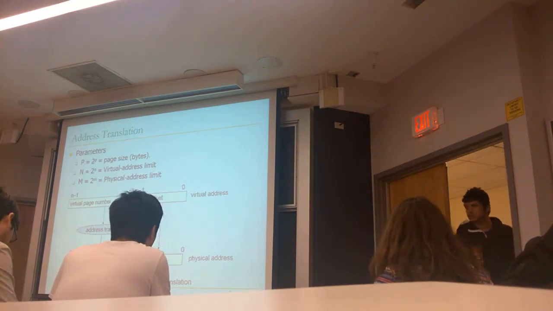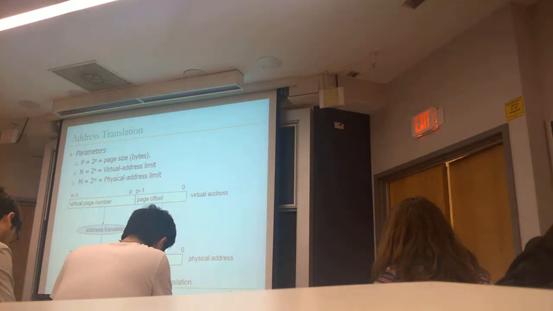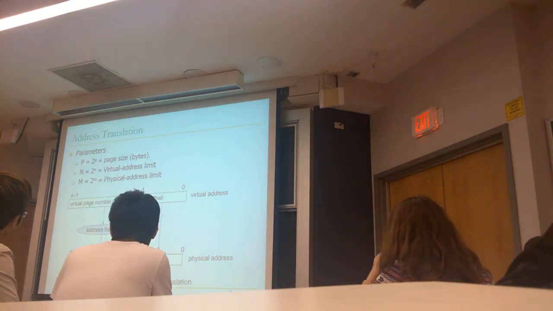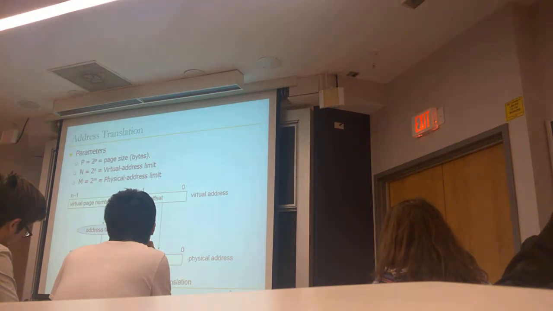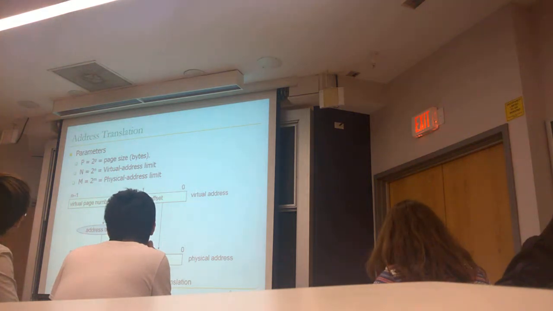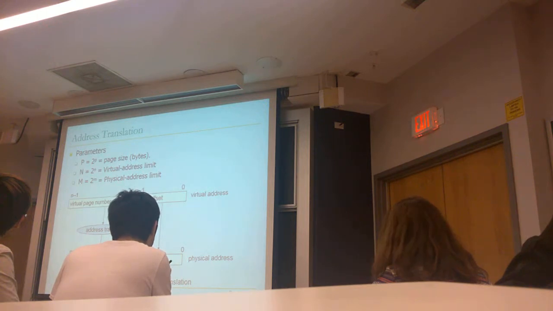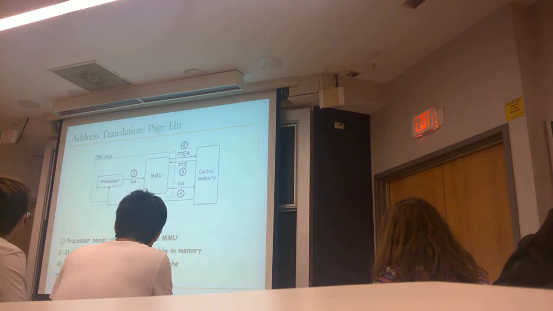And also, given the definitions of virtual page number and physical page number, we can calculate all of those. In our class, we have all those examples. Everyone should be expected to be able to calculate those values.